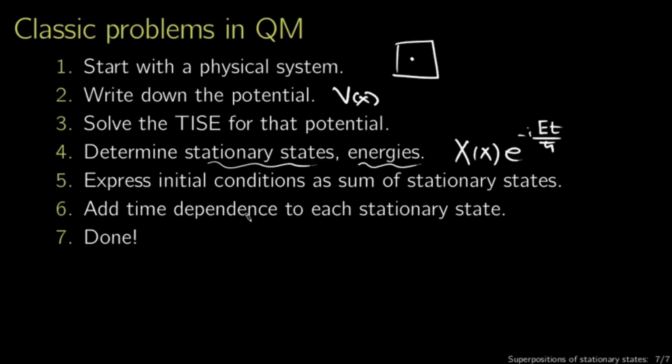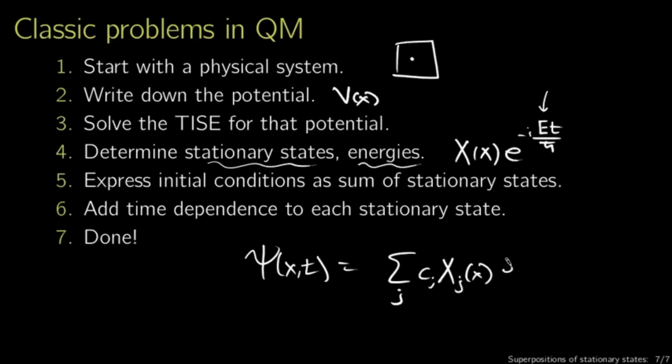The final step is to add the time dependence to each stationary state. Knowing psi of x, this is the time dependence I'm referring to. You need to know the energy, but you got that. Then basically what you have is that psi of x and t is equal to the sum over j of, sorry, I've forgotten again my constant out front, c sub j, psi sub j of x, e to the minus i E sub j t over h bar.